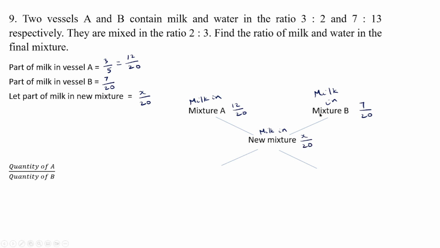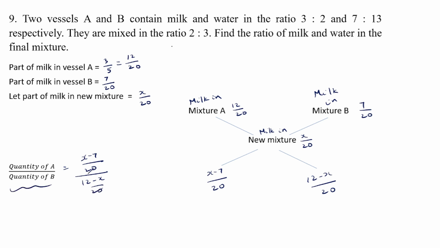Here whichever value is higher, we can take as the dearer one. So here we have (12 minus x)/20, and here we have (x minus 7)/20. Now the ratio is given as 2:3. So quantity of A by quantity of B is (x minus 7)/20 upon (12 minus x)/20.